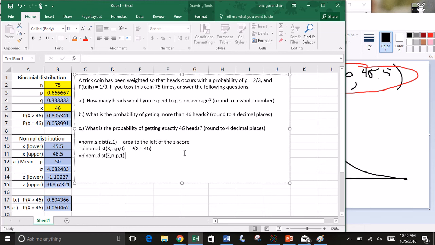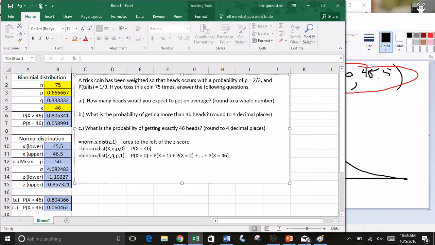So what that does is that's the probability x equals 0 plus the probability that x equals 1 plus x equals 2, and so on and so on, all the way up to the probability that x equals 46.